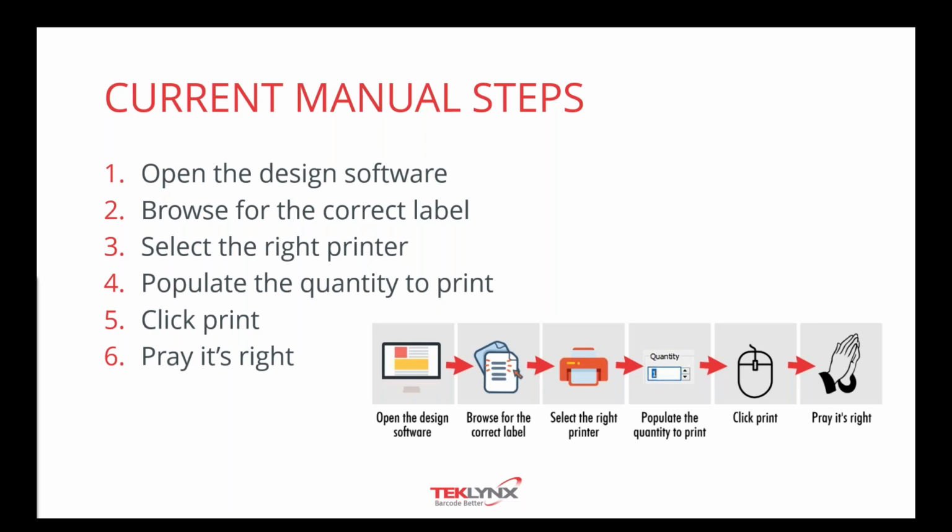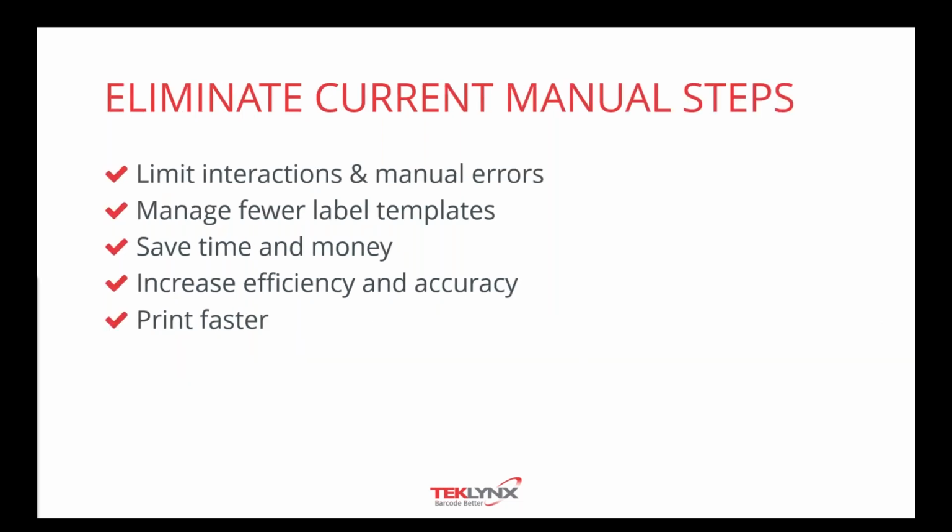This is what we want to avoid as far as manual steps go, because one, it's time consuming and also pretty error prone. There's a lot of places where users need to make decisions or fat finger anything. So how do you actually eliminate those manual steps? Those would be limiting the number of decisions the user has to make, as well as interactions with any kind of interface.